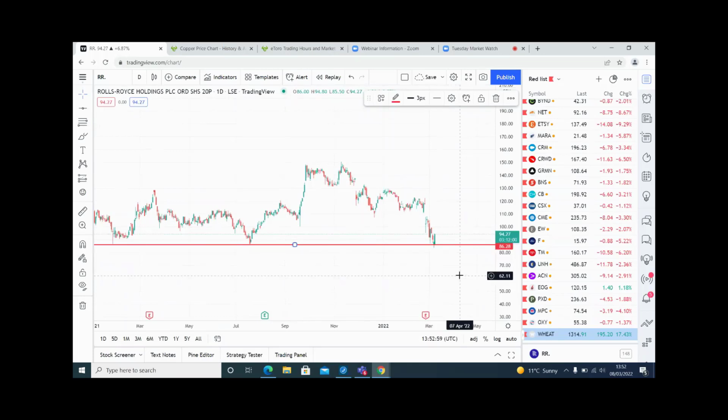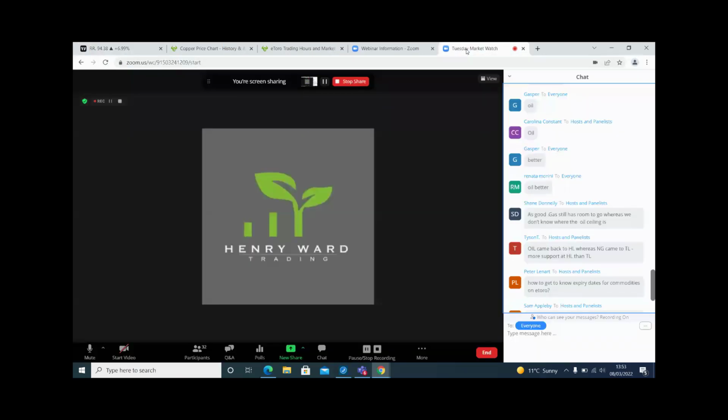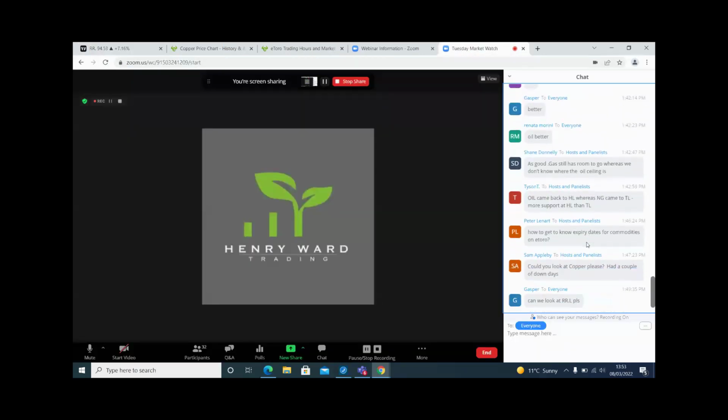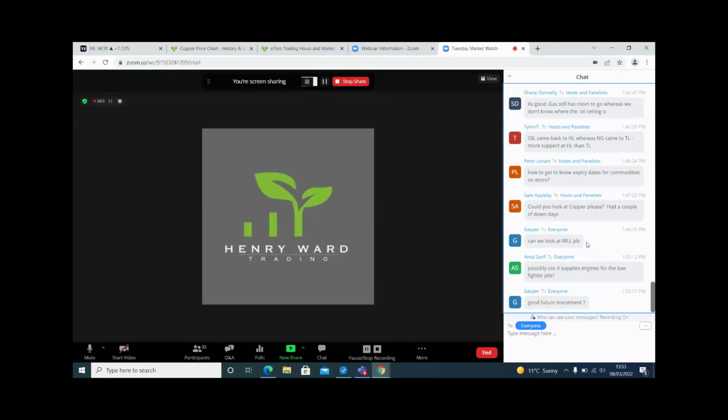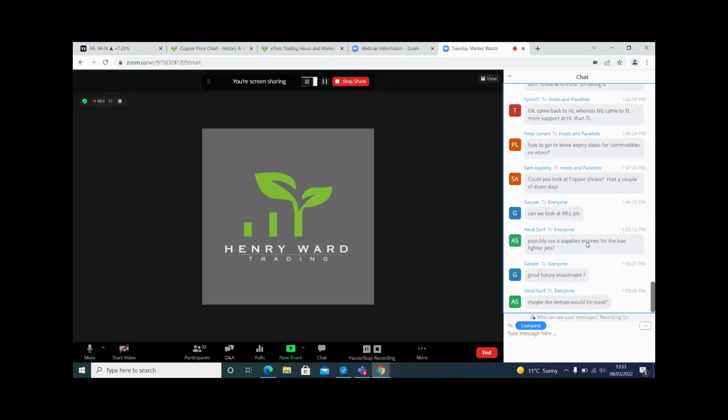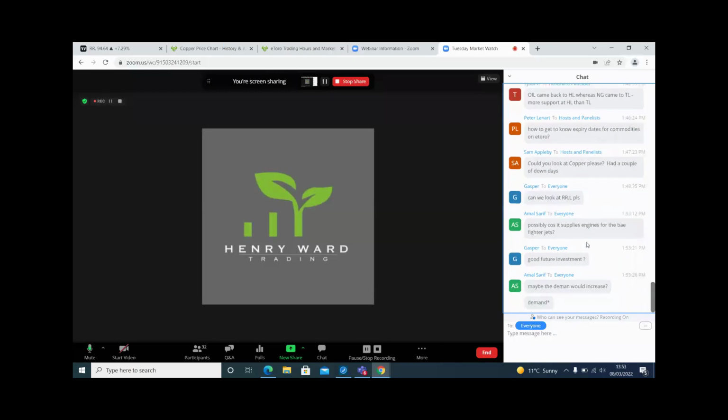Are you looking at Rolls-Royce with what's going on in the market? It's a good place to buy because it's going to be selling engines and all that other stuff. Probably because it supplies engines to BA and fighter jets. Future good investment. Maybe the demand will be increased.